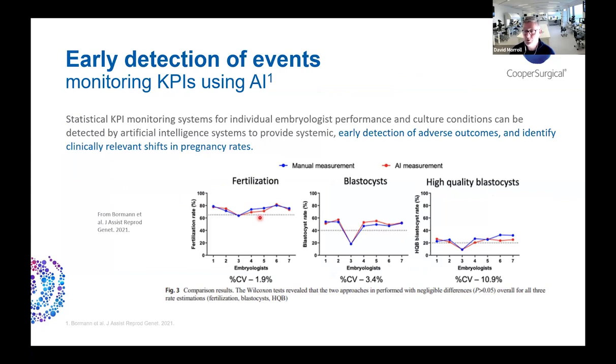And what they showed is that the AI systems also help give systemic early detection of adverse outcomes and can show clinically relevant shifts in things like pregnancy rate and utilization rate. So it may be that this isn't in common use now, but it may be that we'll be able to refine our use of KPIs using AI.